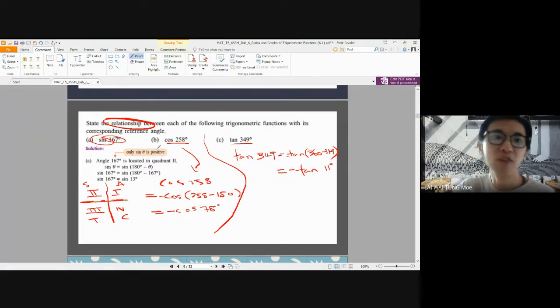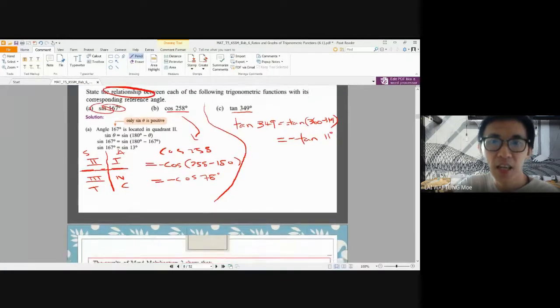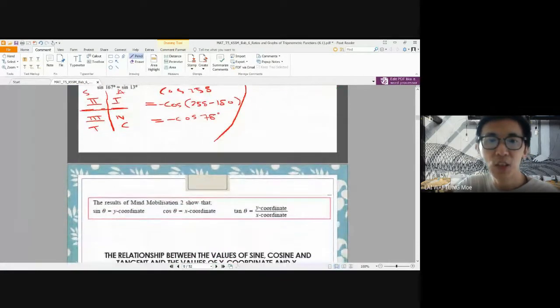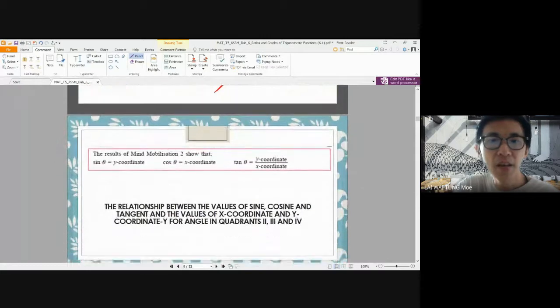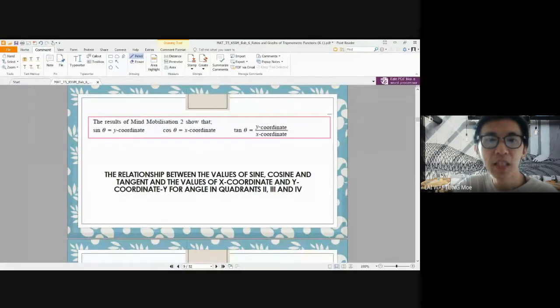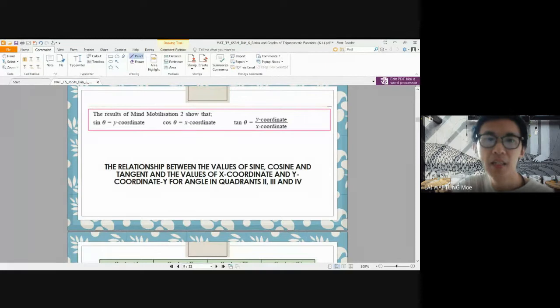So this is how you find the relationship between a trigonometric function and its corresponding reference angle. The next part is if the question gives you a coordinate. The coordinate y refers to sin theta, the coordinate x refers to cos theta, and tangent refers to y over x.